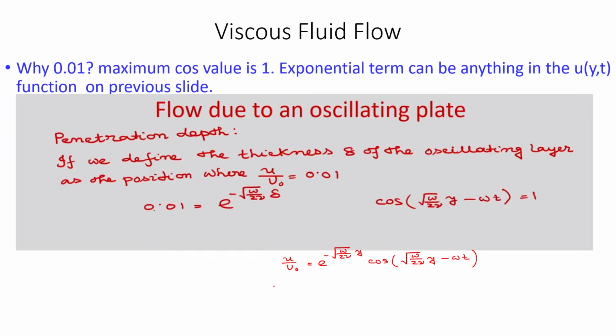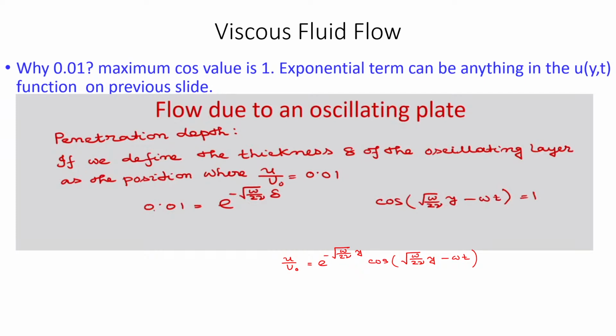So if you want to calculate the penetration depth at a particular time, that means instantaneous, then from here you can see that we define the thickness delta of the oscillating layer as a position where u by u naught is equal to 0.01. Now your question is why 0.01?